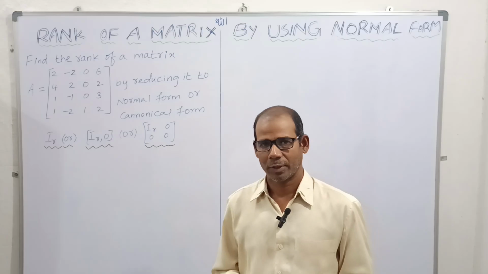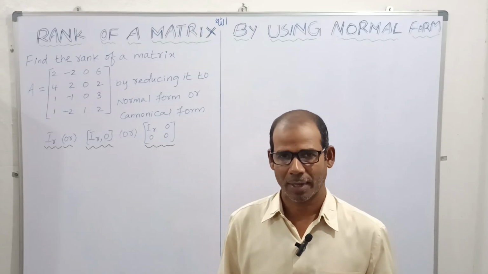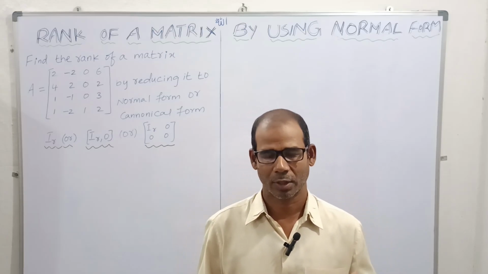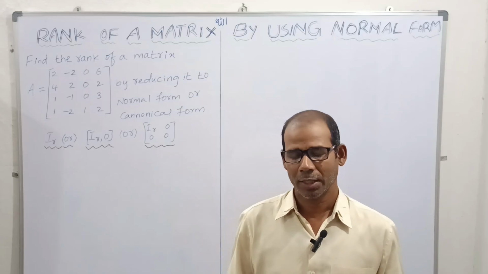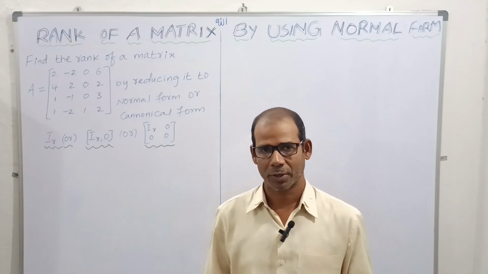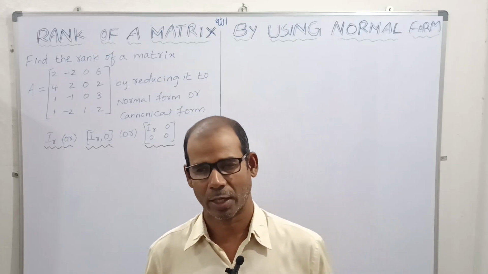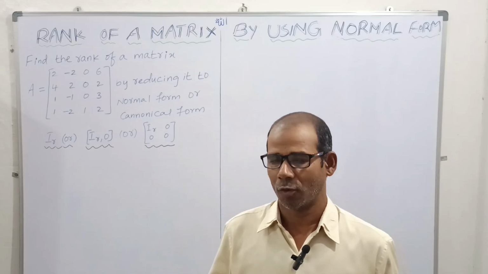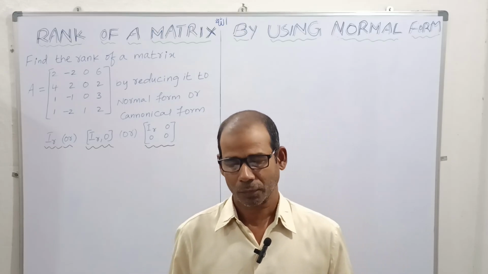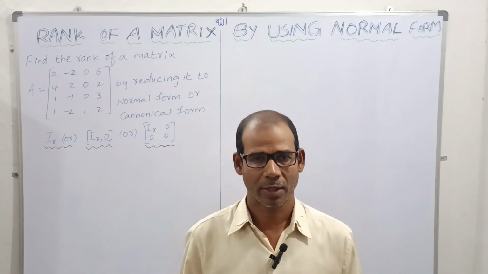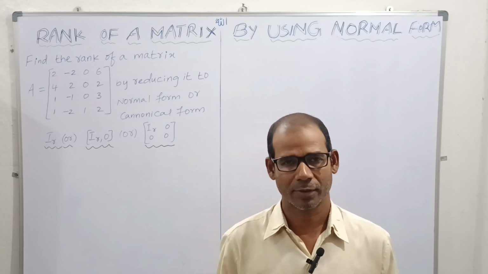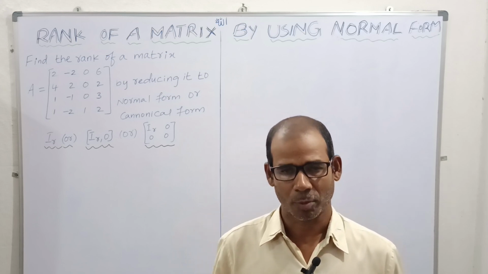What is the difference between reducing the matrix into a normal form and reducing it into echelon form? In the echelon form we use only row operations to reduce the matrix into an echelon form, but in the normal form we use both row operations as well as column operations to reduce the matrix into a normal form.